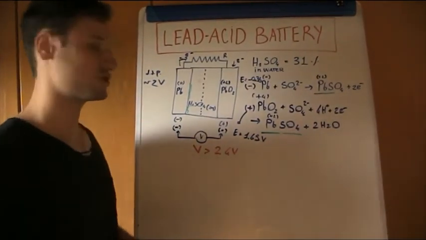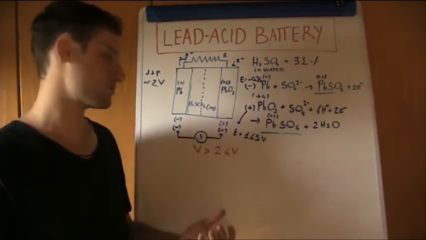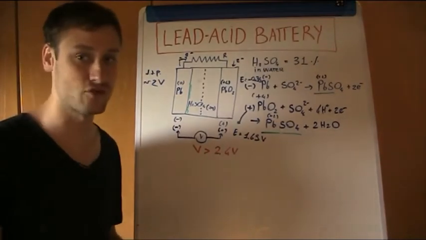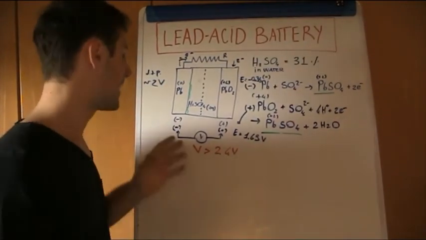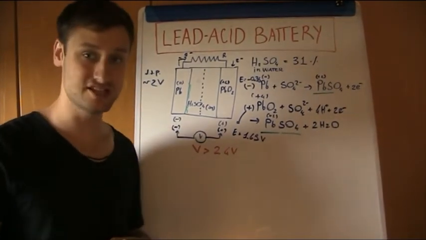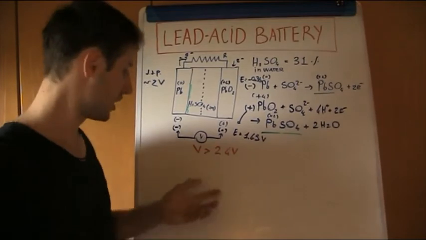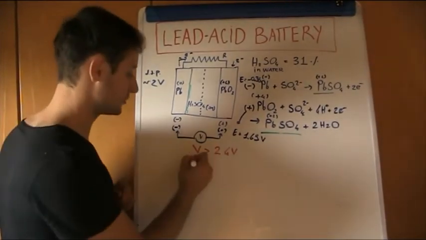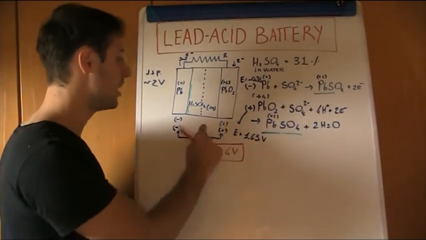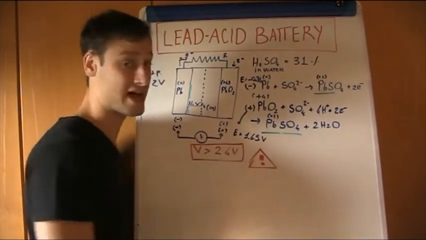We will see a specific lesson dedicated to the electrolysis of water, and actually from a thermodynamic point of view the electrolysis of water is promoted even at lower voltages, higher than 1.23, for instance 1.26. But from a kinetic point of view, we can appreciate the electrolysis of water, with the creation of oxygen and molecular hydrogen from water dissociation, only when we increase the voltage above this value. So we need to be aware not to exceed this value when we want to recharge our battery. This is an important hazard, and we need to take it into consideration.